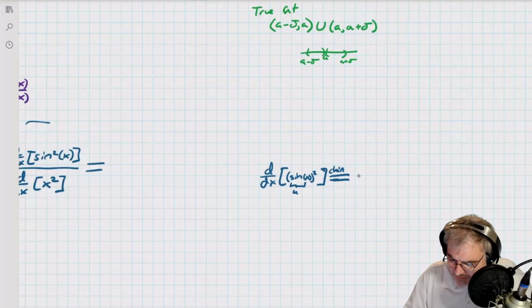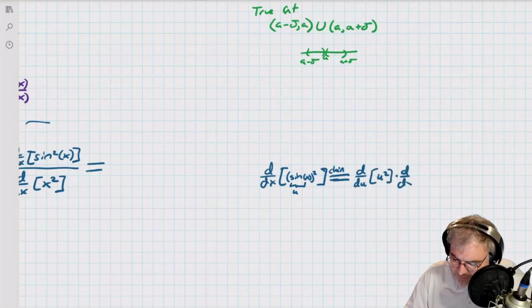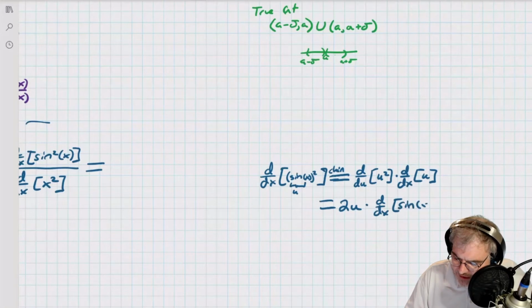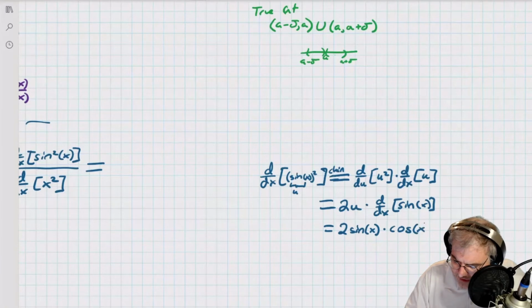Anyway, so what I'm going to have is d/du of u squared times d/dx of u equals 2u. That's probably more than you wanted to know about linguistics in your life. Sine of x, and that is going to equal 2u, which was sine of x, times cosine of x.